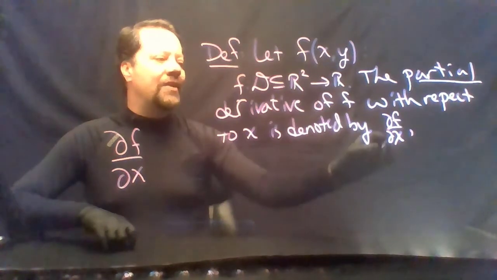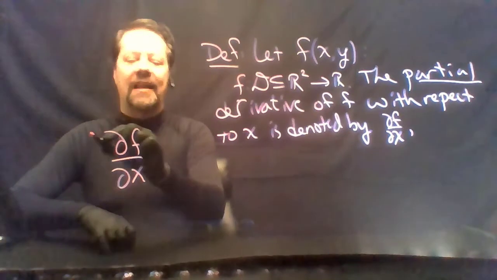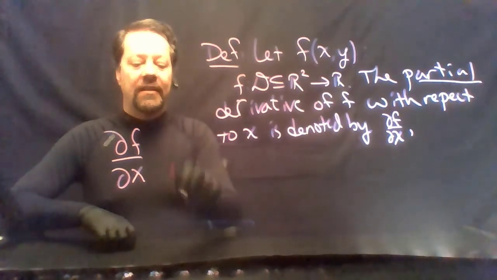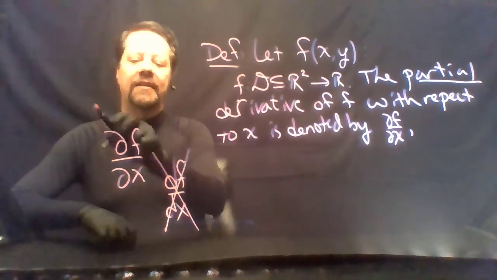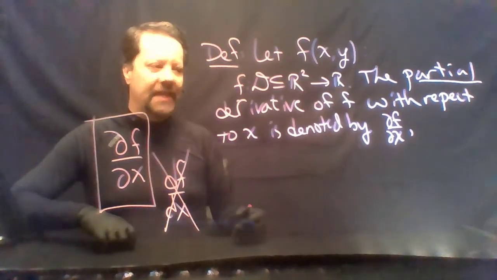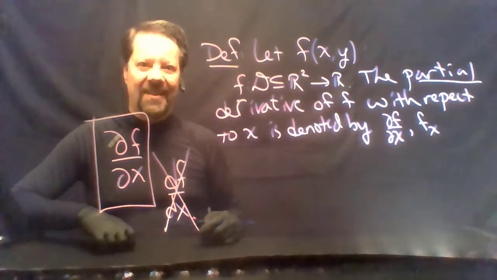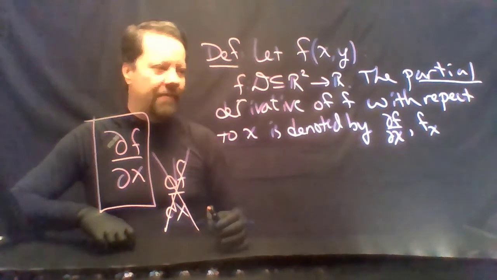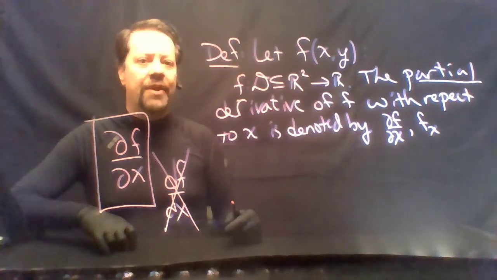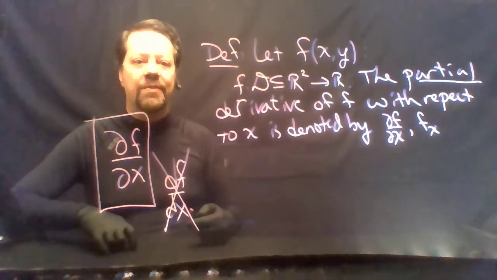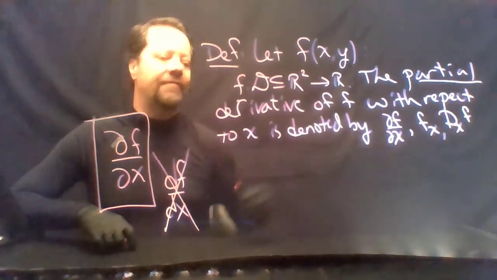So one notation for the partial derivative of f with respect to x is with this very stylized bent d. Not a flat d, but this little old style bent d. Also, it's denoted by a subscript, just a subscript on the variable. If you write f with a subscript of x, that means you perform an operation on that function, the partial derivative with respect to x. It can also be expressed as dx f.